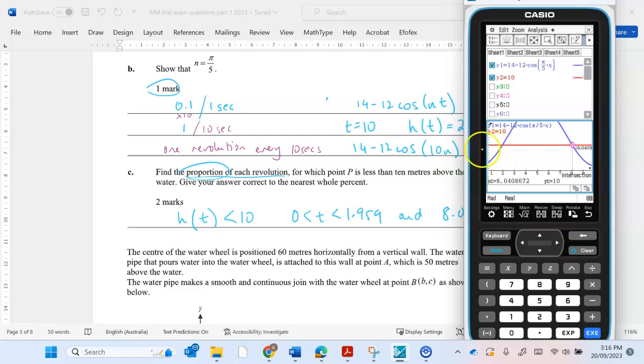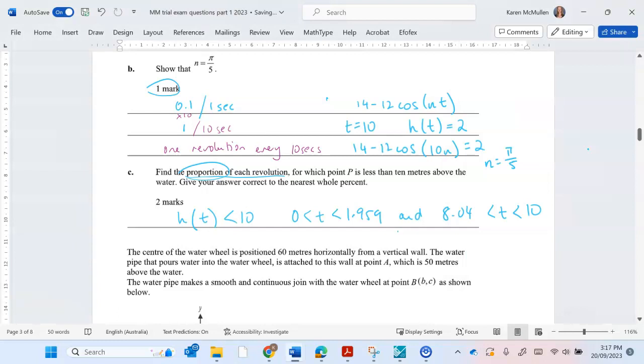We want to know the difference between these two, and it's symmetrical. The whole time is 10 seconds to do one full revolution, so the time between is going to be 2 times 1.959, because it's symmetrical.